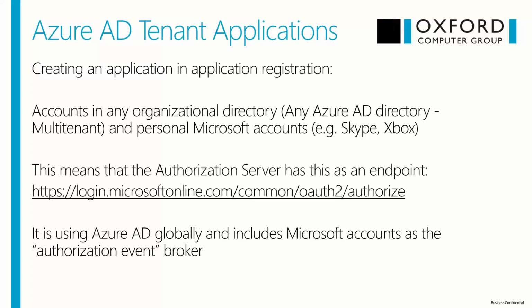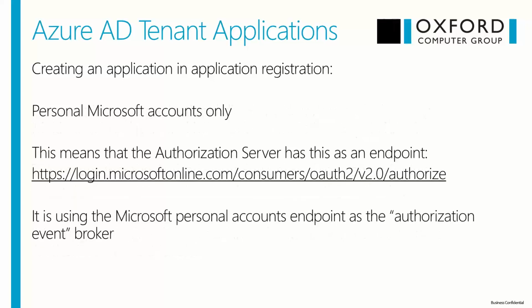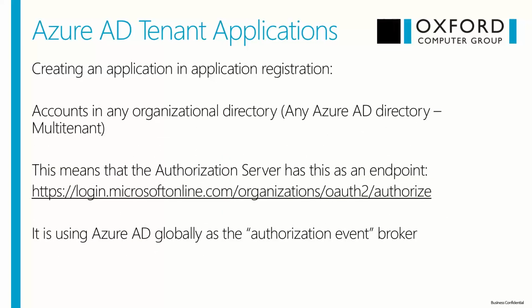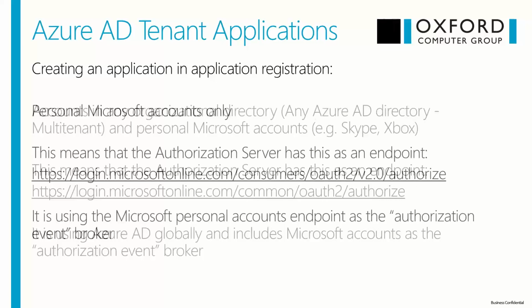If you put in an Outlook.com or Live.com or something like that, anything other than an Azure domain, it's going to go to this endpoint here, the consumer account, and try to find that domain. So this here is a combination of this one and this one.